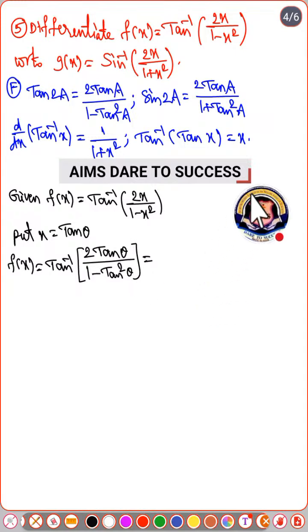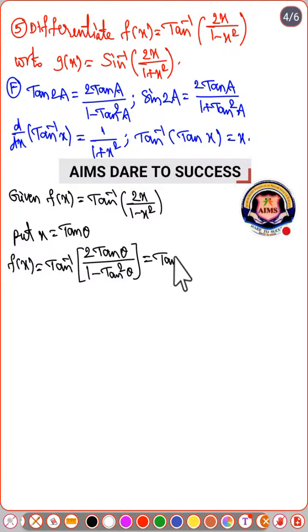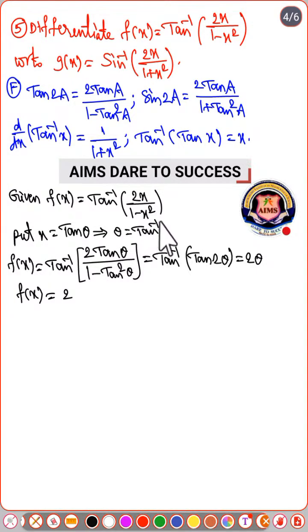Okay my dears, so tan inverse of 2 tan theta by 1 minus tan square theta is tan 2 theta. So tan inverse of tan 2 theta is 2 theta. Next, f of x is equal to 2 theta, and since tan theta is x, theta is equal to tan inverse x.